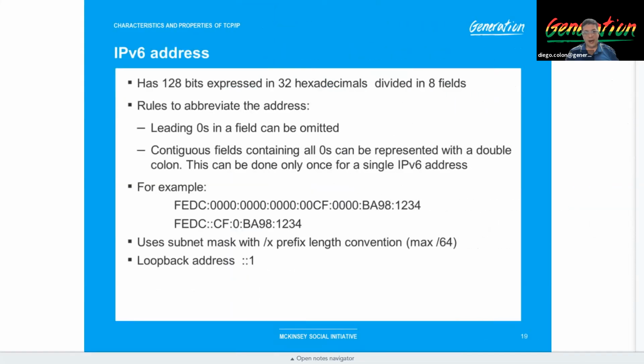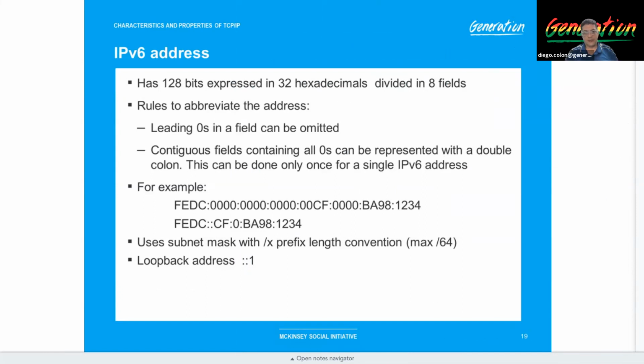Now, as for IP version 6, this has 128 bits expressed in 32 hexadecimal digits, divided into 8 fields or sections. To shorthand this, they made it so that leading zeros are omitted. And how do they do that? Whenever there's a whole lot of zeros, basically you'll put 2 colons instead of 1.